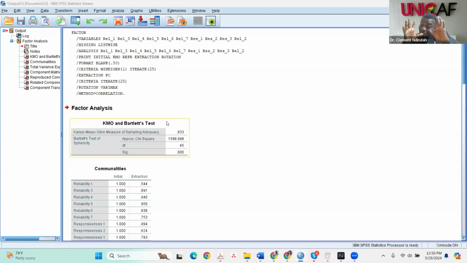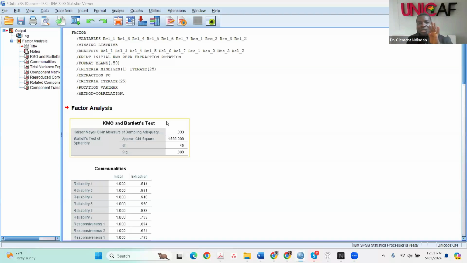Even the Cronbach's alpha value is just measuring internal correlation between the questions or the variables that are used to measure the construct. And I always advise students, when you are doing your Cronbach's alpha test, don't take all of the variables in your research and do one Cronbach's alpha test. You should do one Cronbach's alpha test for the questions that you are using to measure a particular variable.